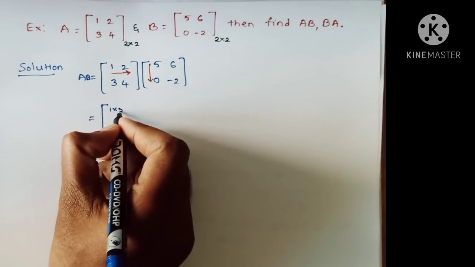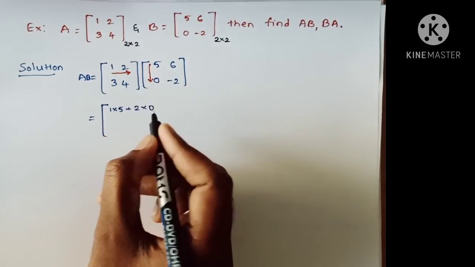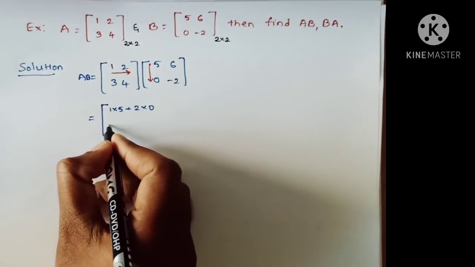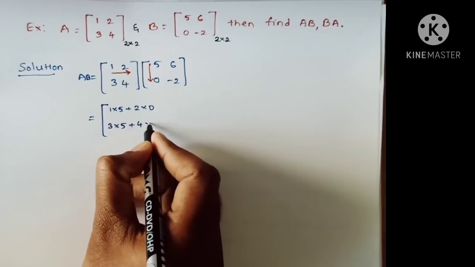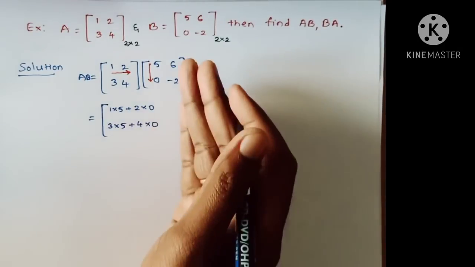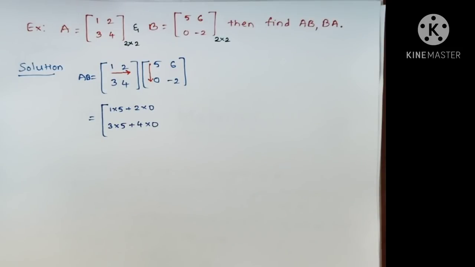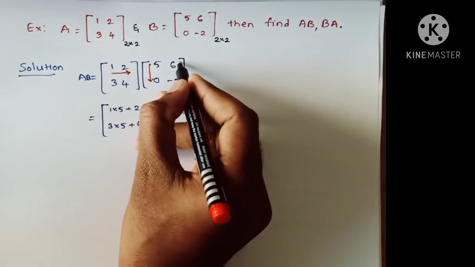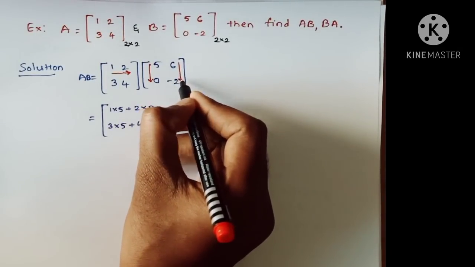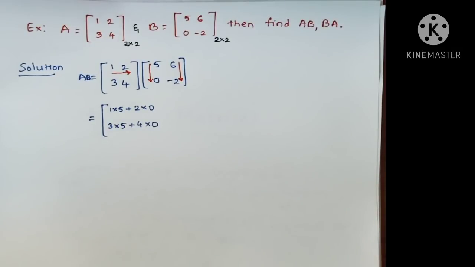So it is 1 into 5 plus 2 into 0. Next 3 into 5 plus 4 into 0. Next, to get the second column of the resultant matrix, we multiply the first row with the second column and the second row with the second column.